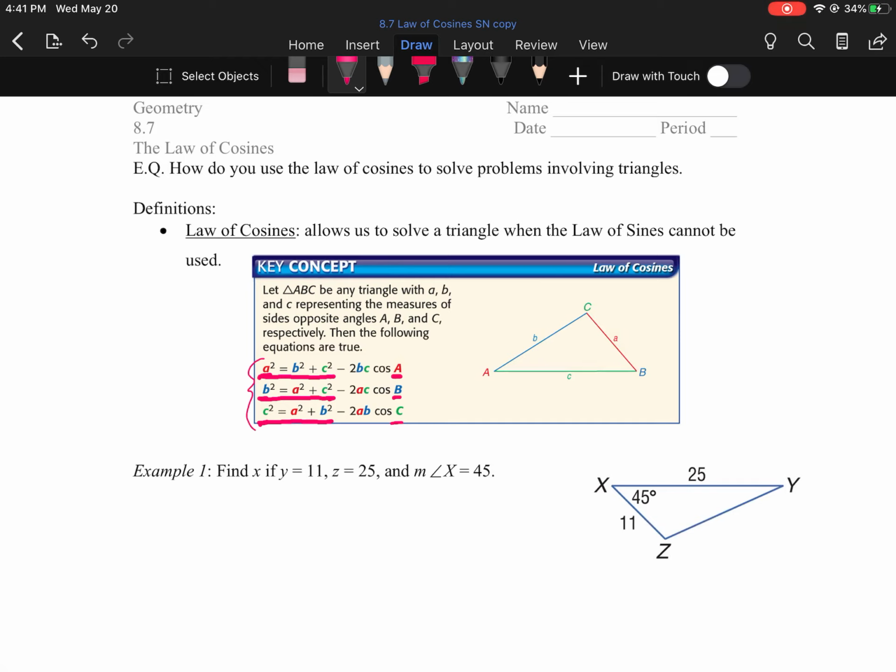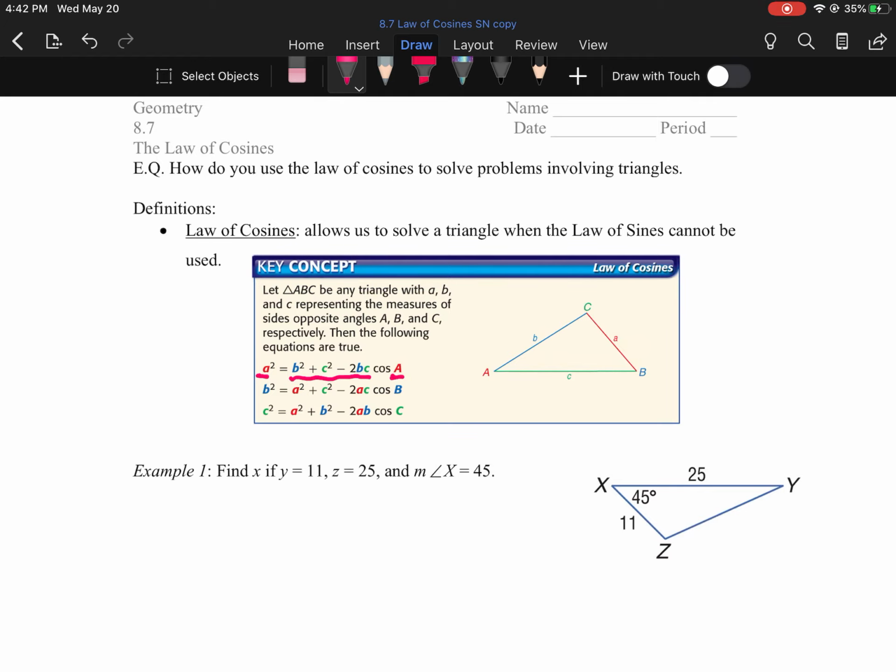Whatever is on the left-hand side, that's what we take the cosine of. And A is not used anywhere else in there. So we start with side A, we end with angle A, and everything else in the middle is our B and C.